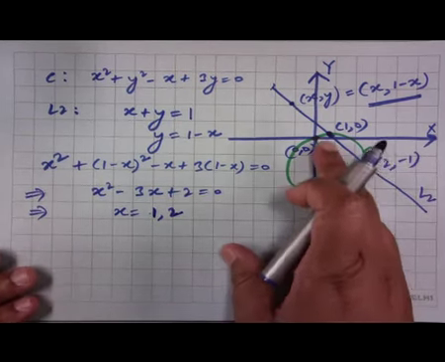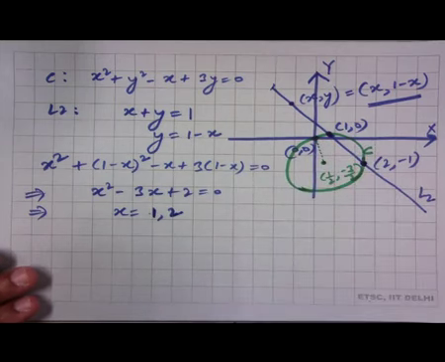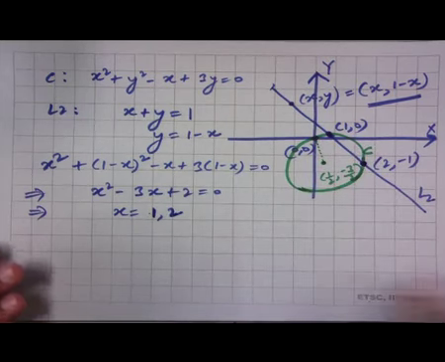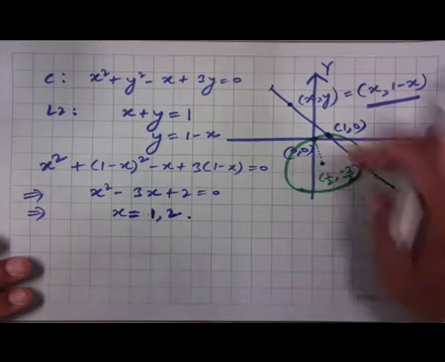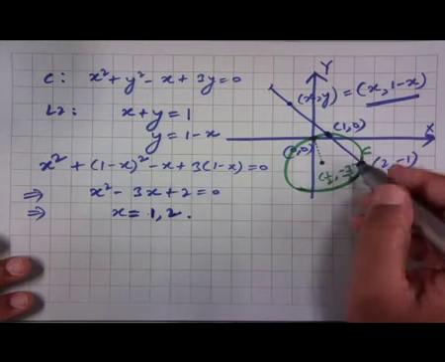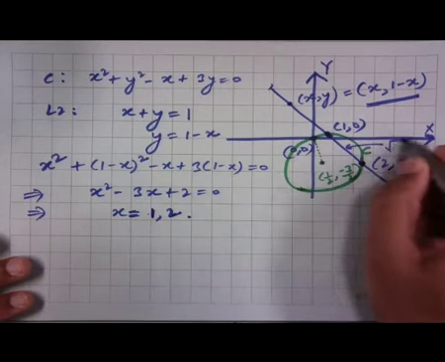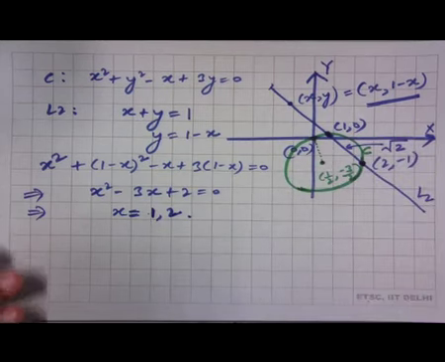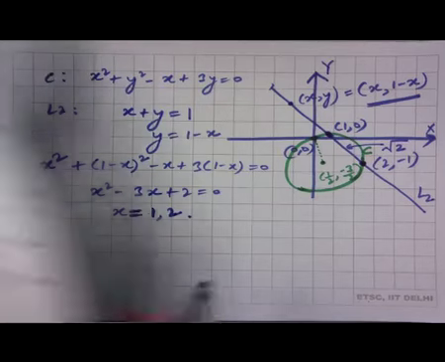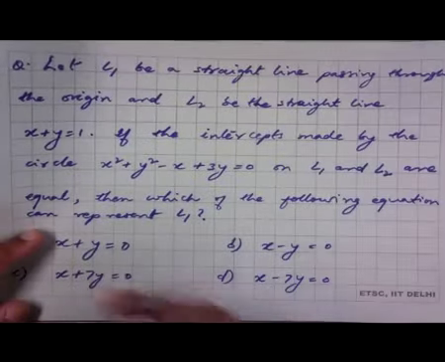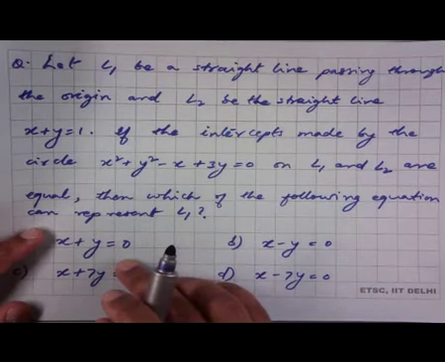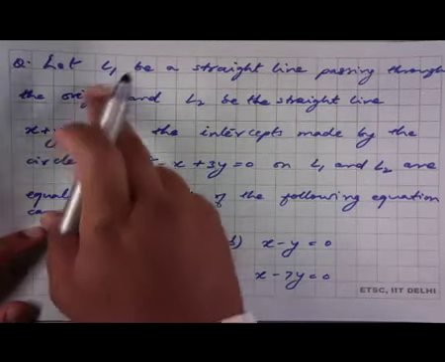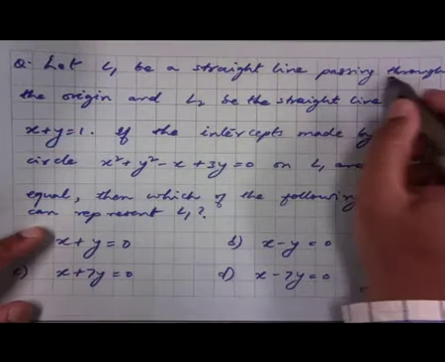So, now that we have both the points of intersection, the length of this intercept is very easily seen to be square root of 2. And then coming to the second part of the question, it says that there is another straight line L1 which passes through the origin.